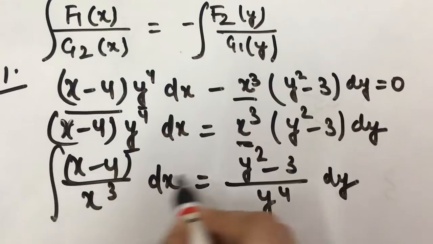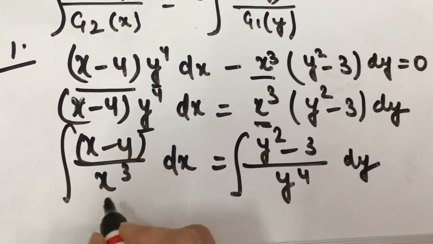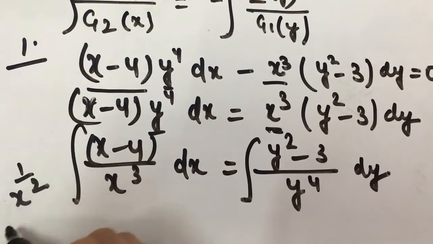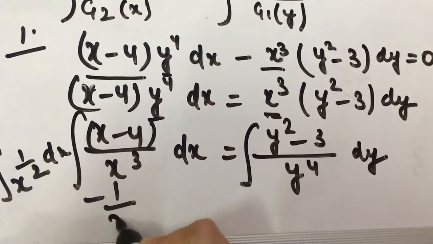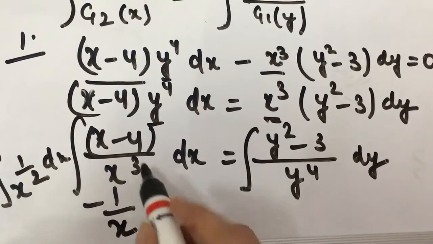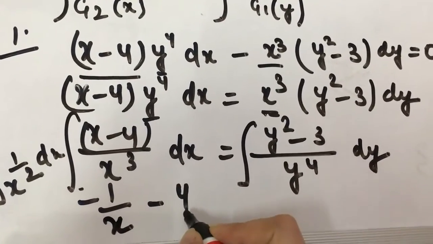Now I have to integrate this equation. It will be the integration of 1 by x square dx, which is minus 1 by x, minus 4 times the integration of 1 by x cube.